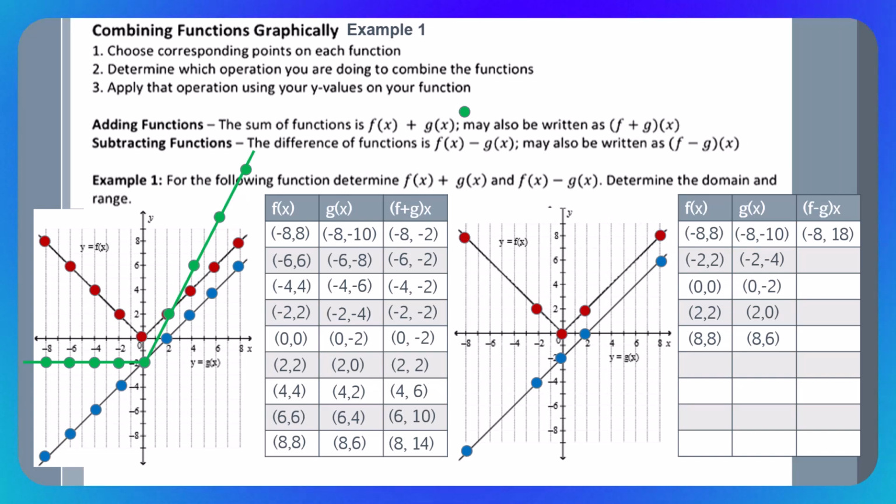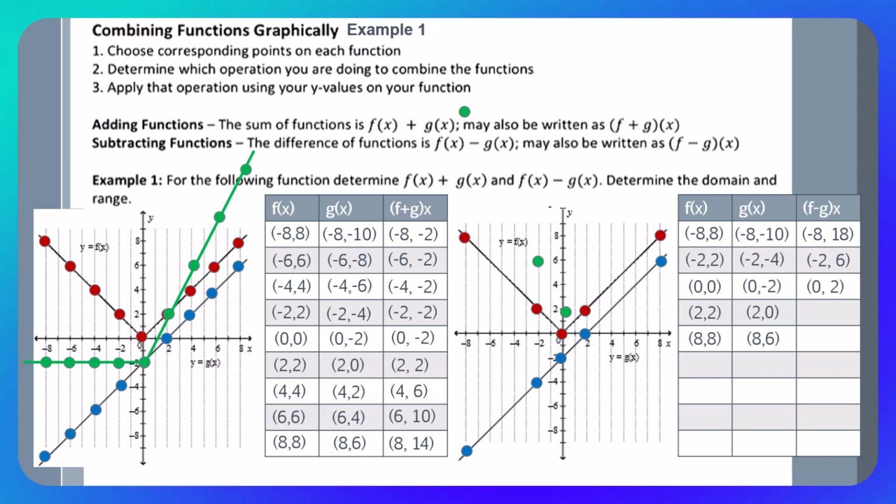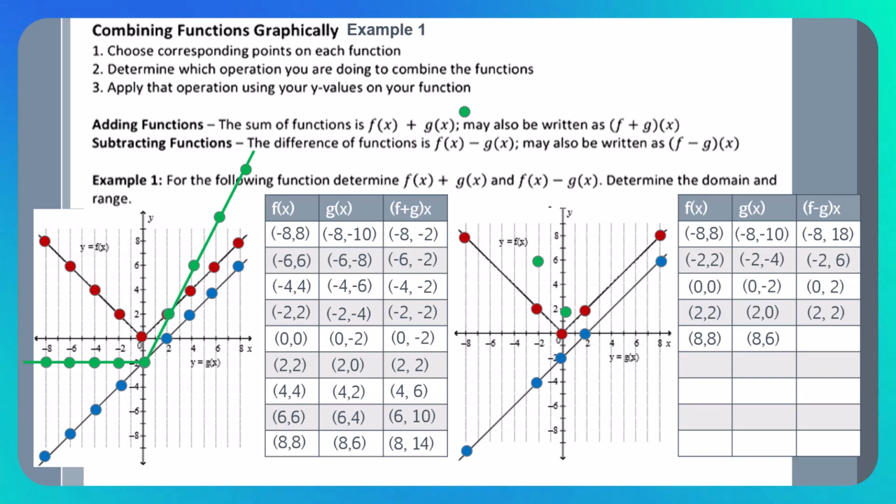Let's add our y values. 2, not add them, subtract. 2 take away -4 is 2 plus 4, which is 6. And then at 0, we have 0 take away -2, so that becomes 0 plus 2. And then at 2, we have 2 plus 0, so that's going to be 2. And then at 8, we have 8 plus 6, which is 14.